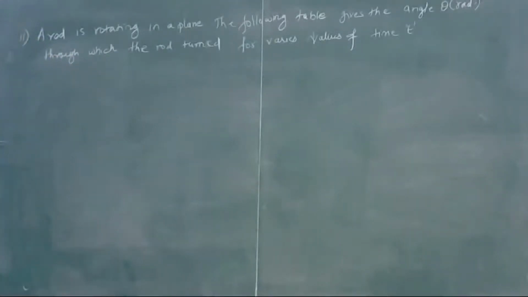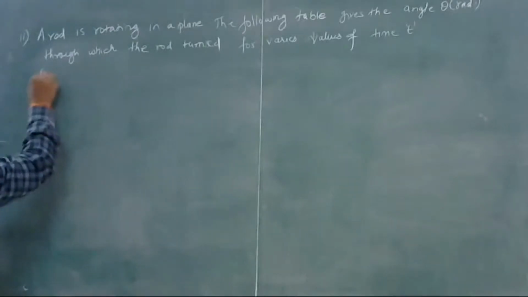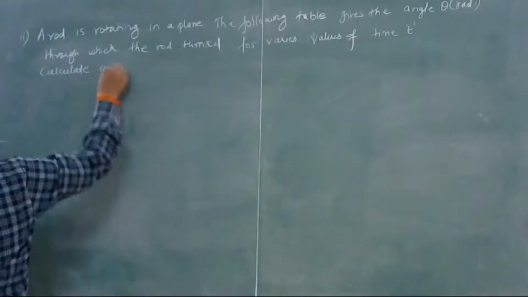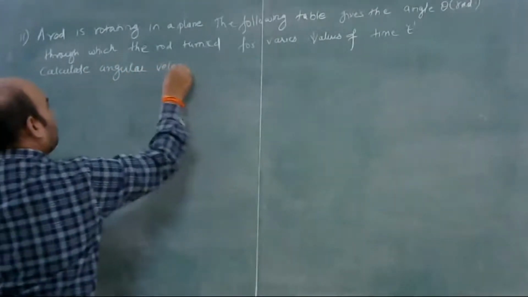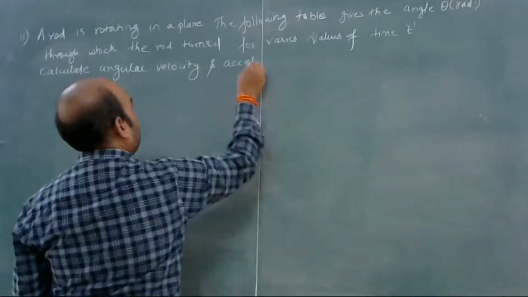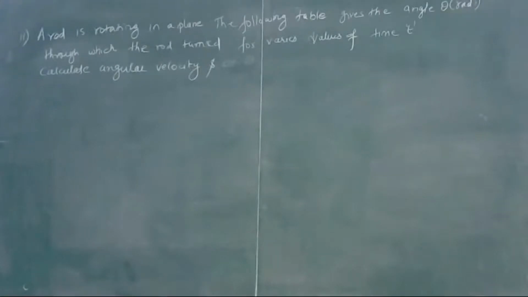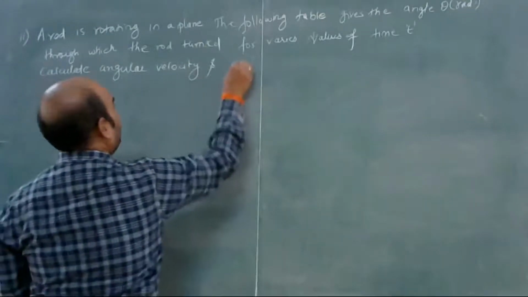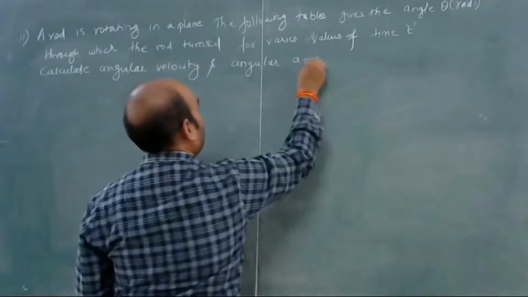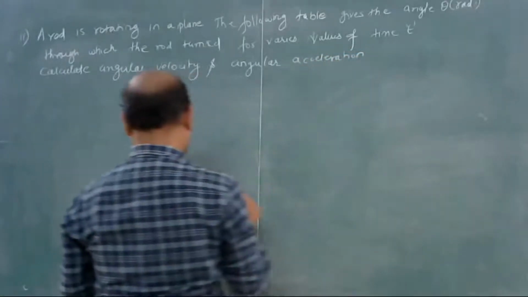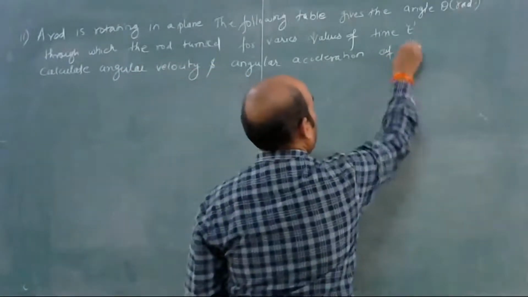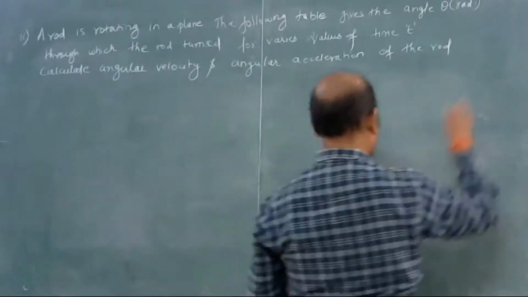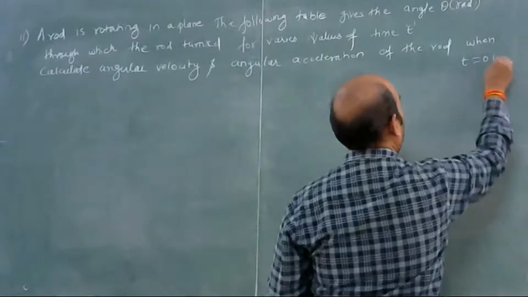What you have to find? So calculate angular velocity and angular acceleration of the rod when t is equal to 0.6 second.